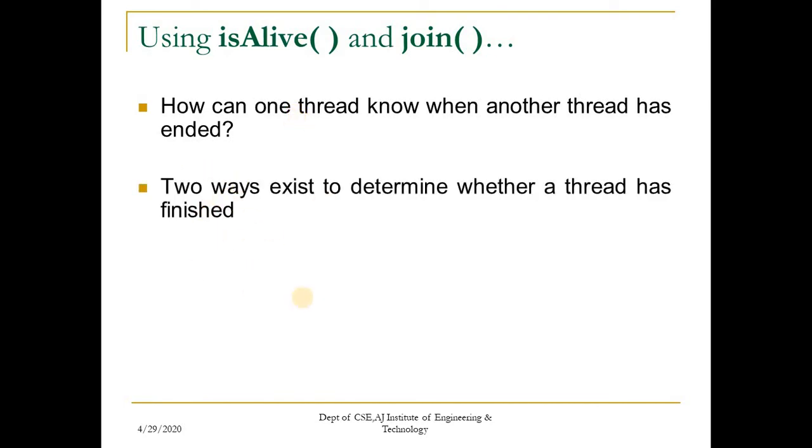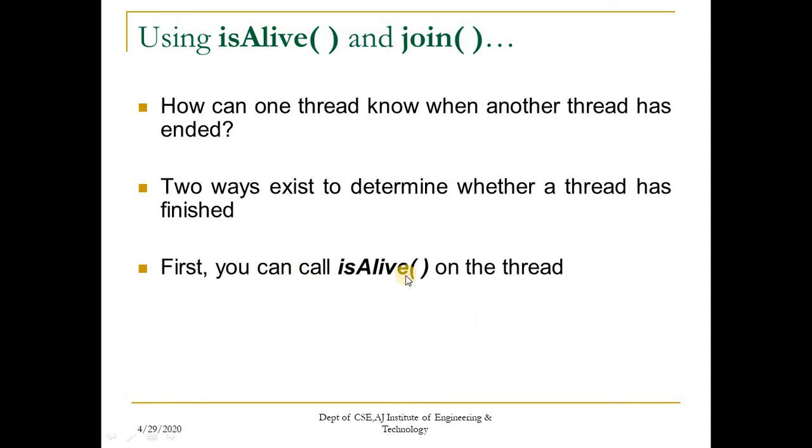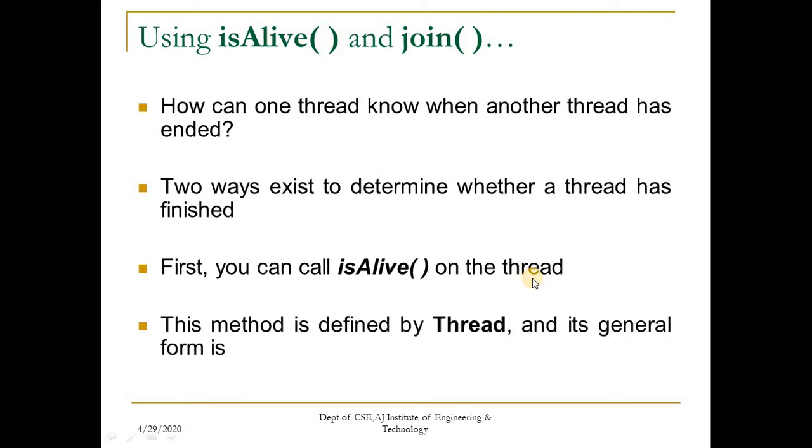There are 2 ways to determine whether a thread has finished. First, you can call the isAlive method on the thread. This method is defined by Thread and its general form is final boolean isAlive(). This isAlive method has a return type of boolean, so isAlive will return true or false.